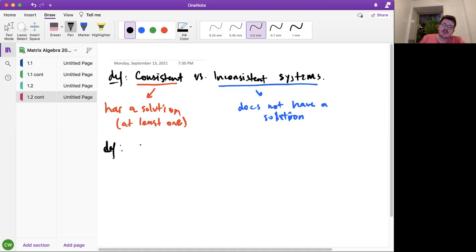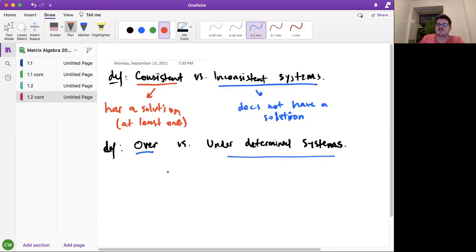Okay, so here's another type of system: over- versus under-determined. This is based on the dimension of the system. Remember the dimension of the system is m by n.